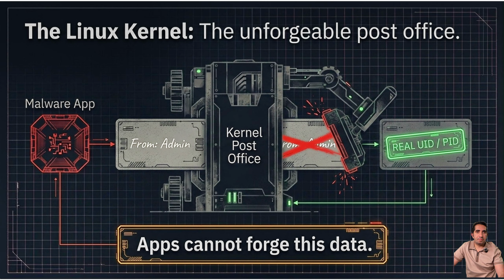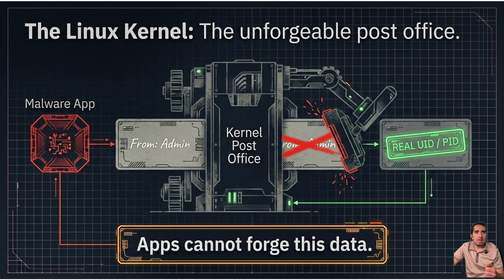So, why use the kernel in this concept? Because the kernel is the only part of the system that can't be lied to, and it acts as an unforgeable post office.